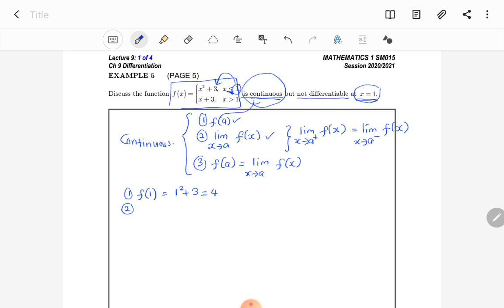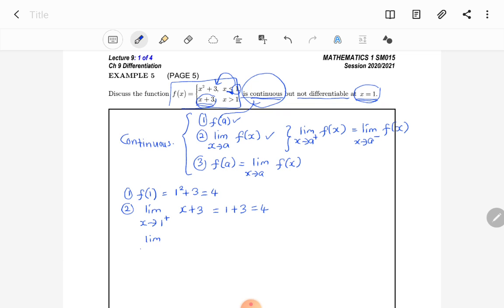Okay, condition number 2. We have the limit as x approaches 1 positive first. And for 1 positive, we will use the second function, x plus 3. We substitute 1 inside, so we will get 1 plus 3 equals 4.